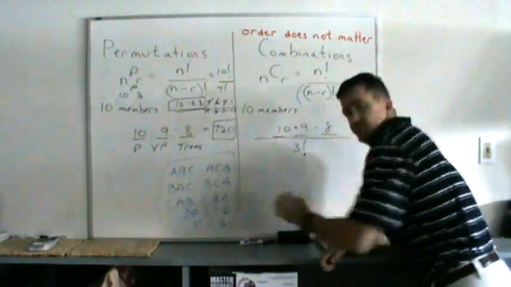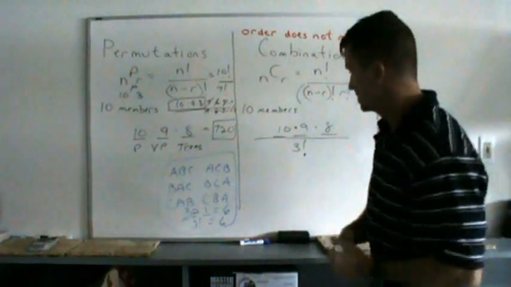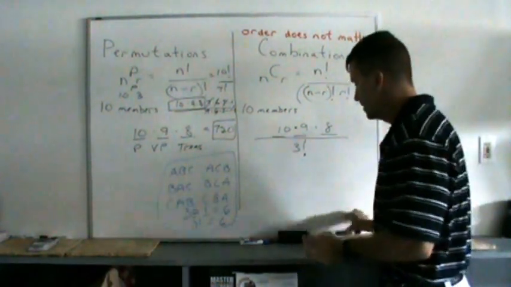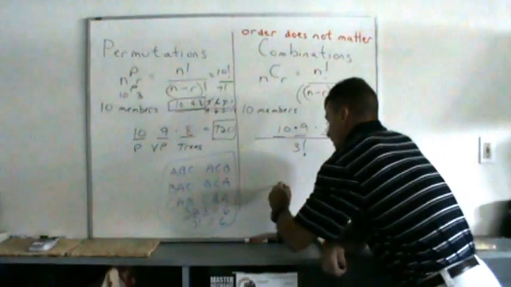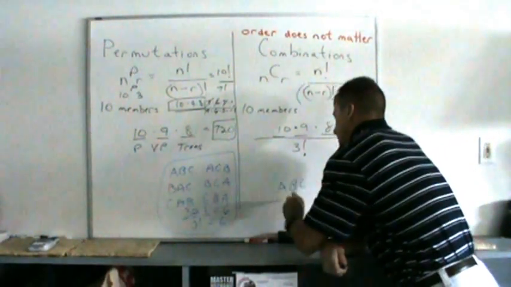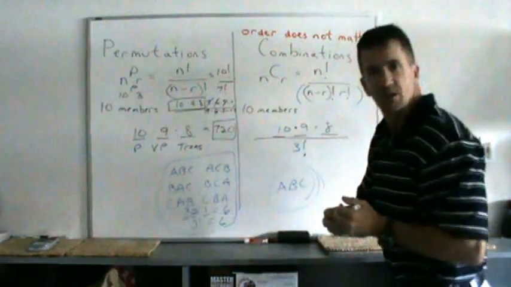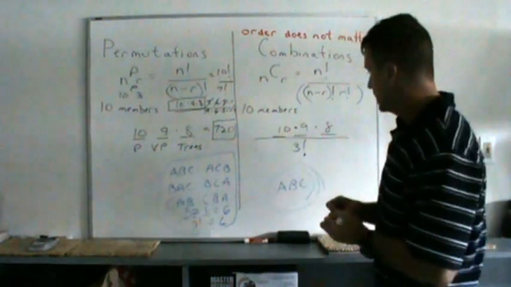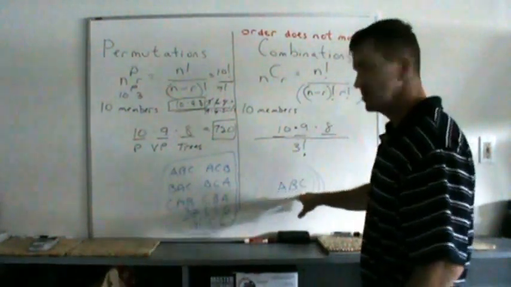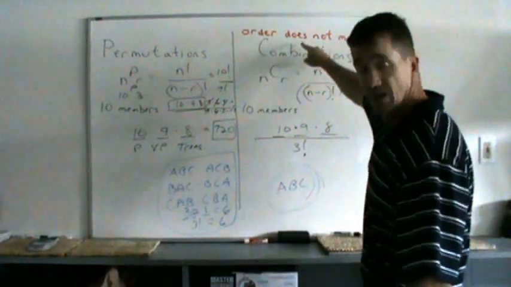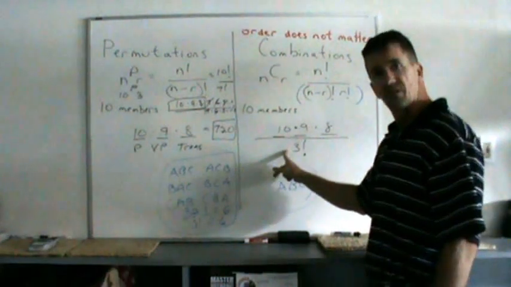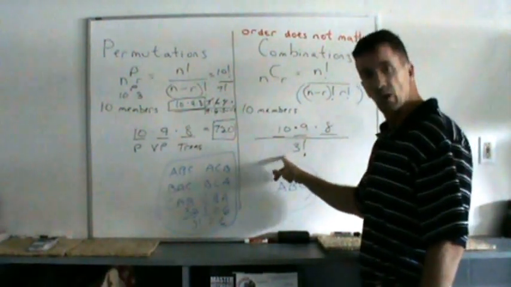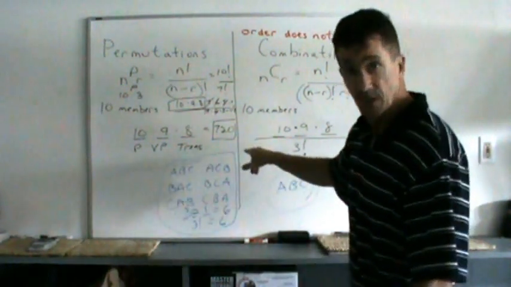3 factorial. Because think of the committee, let's say it's the same people. Say we got Abe, Barb, and Chuck. Well, that's just one committee. You can't switch it around like we did over here. You can't say, well, Barb is here and Abe is here, Chuck. It does not matter. The order in which the selection is made does not matter. So we have to actually divide out the 3 factorial, the 6 different ways for each group of 3 people.